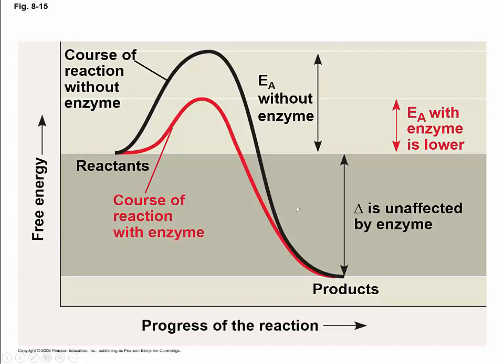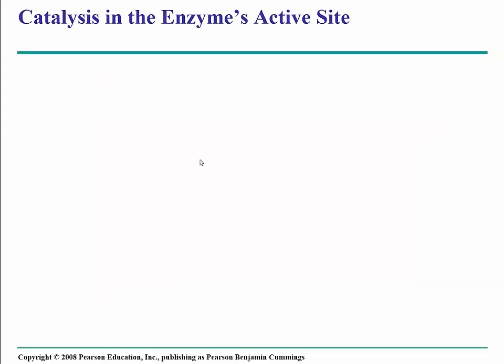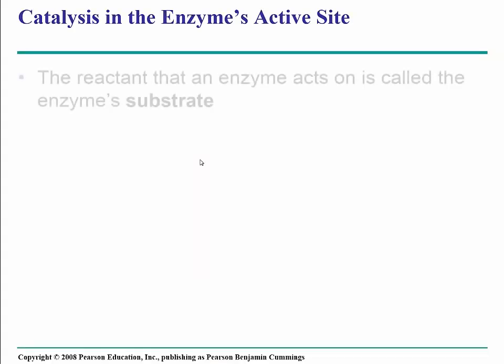It just changes what's our investment. And cells are good shoppers. We don't want to spend any more energy than we have to. When you're looking at your enzymes, you're going to be looking at the progress of the reaction in relation to the amount of product produced. So keep that in mind. This is how these things work.